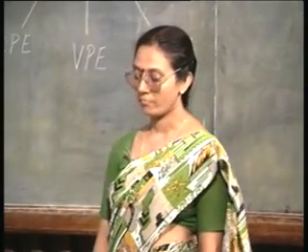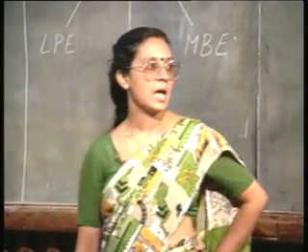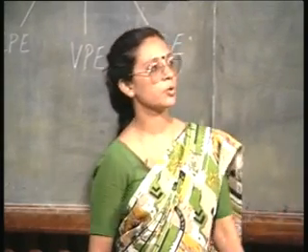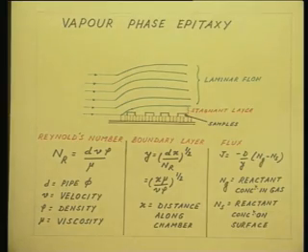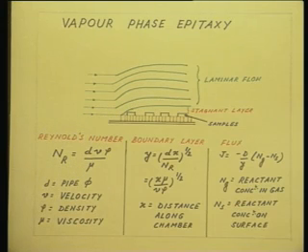Now, here the vapor phase epitaxy has one particular problem you have to understand. The gas is flowing inside with a finite velocity. At the substrate, just at the point of contact, the velocity is 0.